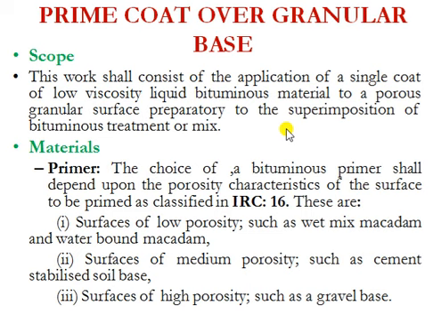A prime coat has several important functions. The prime coat loosens the material particles on the surface of the base, and also hardens the surface of the base. It waterproofs the surface of the base by plugging capillaries or interconnecting voids, and provides adhesion or bond between the base and the asphalt mixture or bituminous mixture.